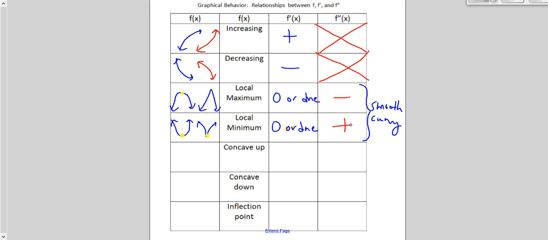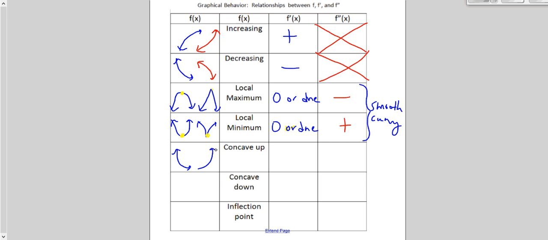Okay. Moving along. If the graph is concave up, okay, I think I wanted to say something a little bit different on the second derivative part before. Let me stop and think. I think we're okay. So if the graph is concave up, again, you could have something like this or something like this.